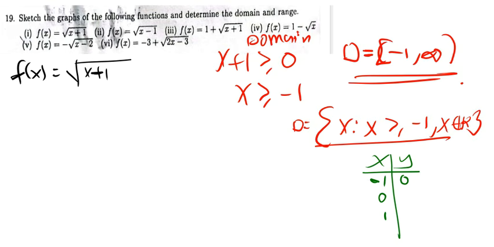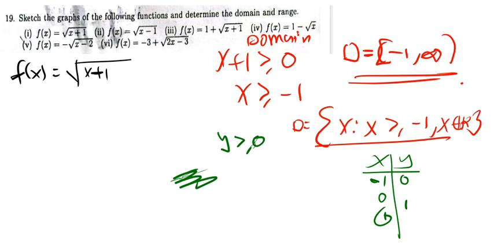Next, if I put 0, 0 plus 1 is 1, and the square root of 1 is 1. What does it mean? Starting from 0, it is increasing. You can see it's 0, 1, meaning it keeps on going. Therefore, y is greater than or equal to 0. That is my range.